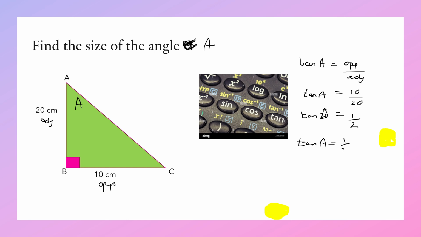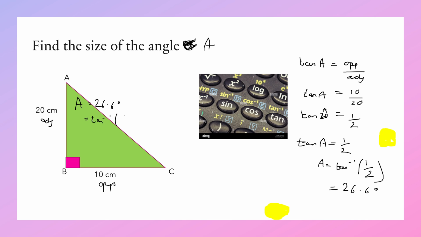A is equal to tan inverse, or tan minus 1 as I like to call it, a half. What does that give us? 26.6 degrees. So I've got 26.6 degrees here, or tan inverse a half.